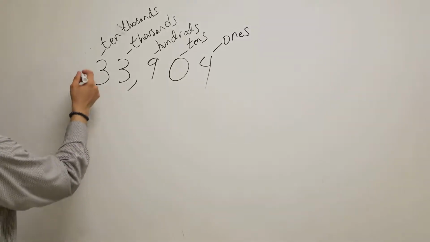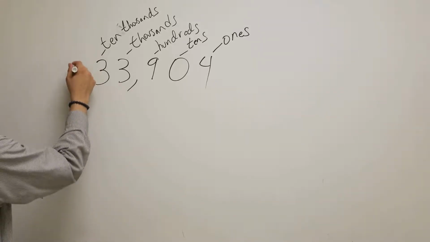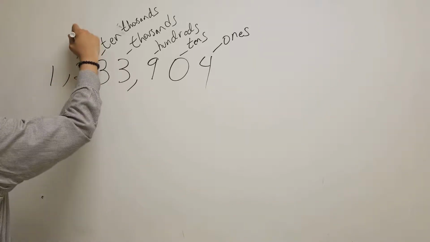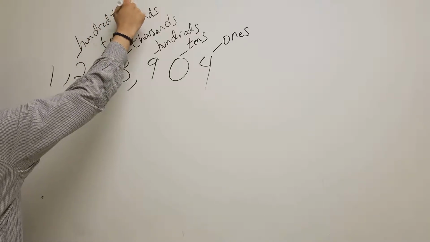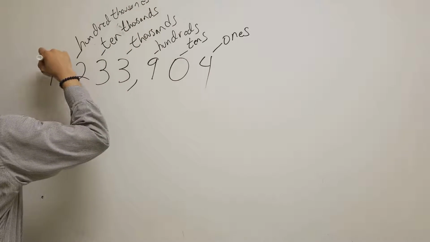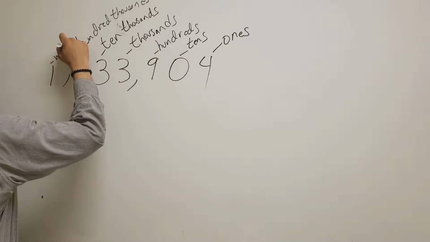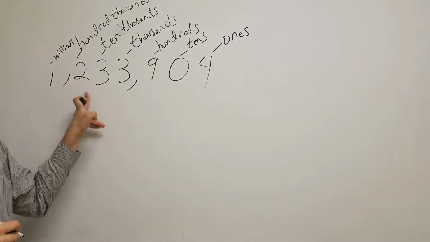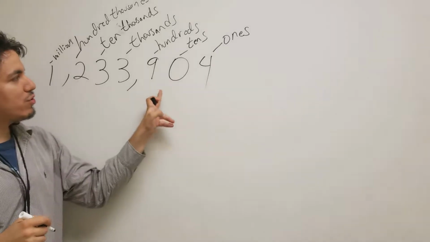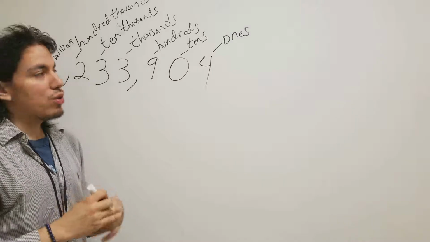Let's just change the numbers. Let's add a 2 and a 1. Then we're left with 100,000s, and then we're left with millions. So hopefully you guys can see it: 1,233,904.